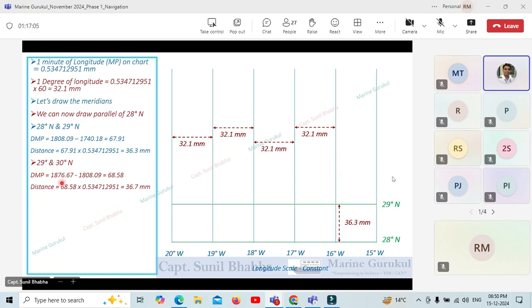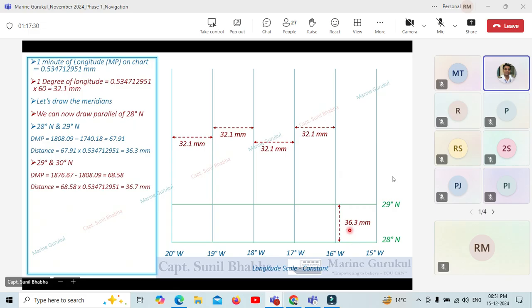Now we get the DMP. The DMP is 1876.67 for 30 degrees north, 1808.09 for 29 degrees. The difference comes out to 68.58. Multiplied with the length of 1 minute of longitude, it gives us a gap or distance of 36.7 millimeters. So you see it has increased from 36.3.